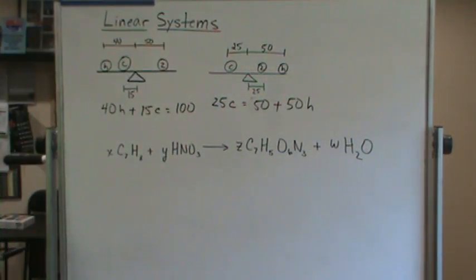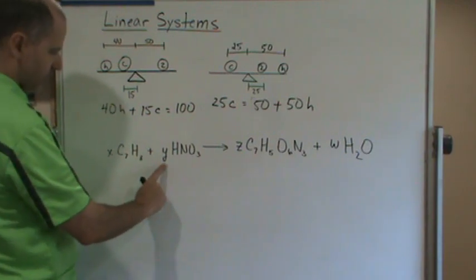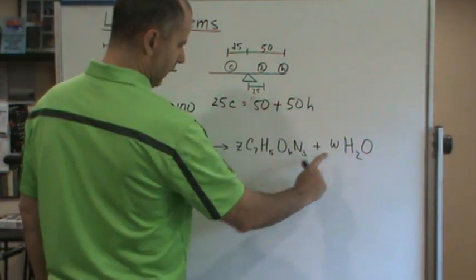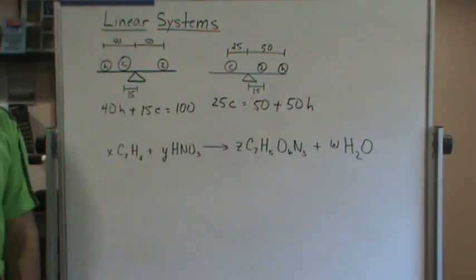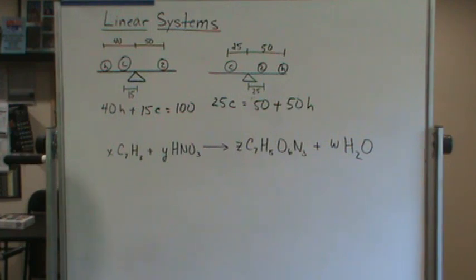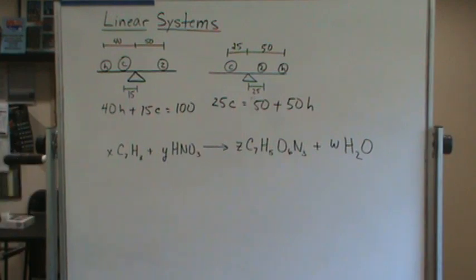Now, as you notice here, we've got these coefficients, these variables, that are unknown. One of the things we want to do is balance a chemical reaction. How do we do that? Well, this is where we come up with another system of equations, because in what proportion should we mix them in order to get this to work out?